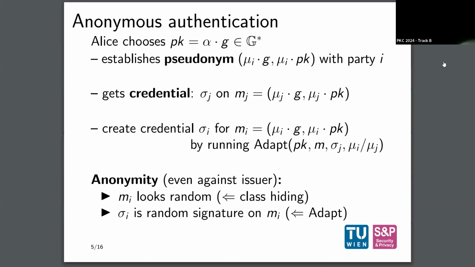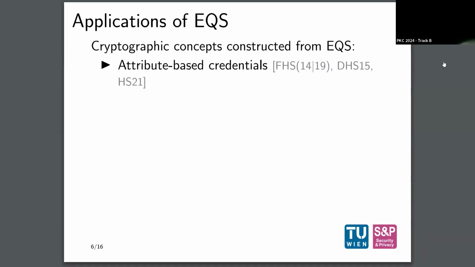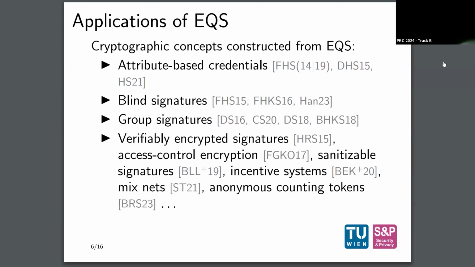So EQS are really useful for that reason because you gain anonymity without any trust assumptions. And they were used to construct many different concepts, for example, attribute-based credentials, or blind signatures, or group signatures, and many other primitives.